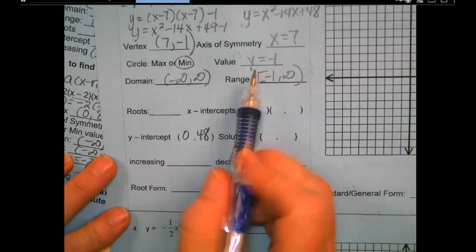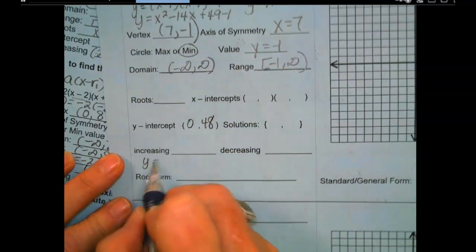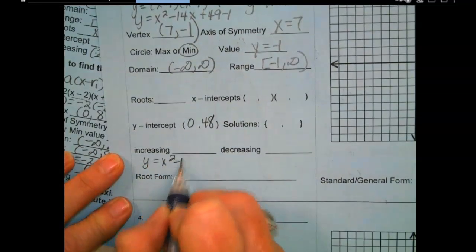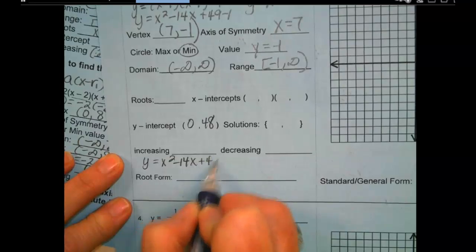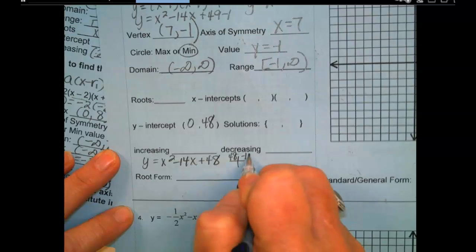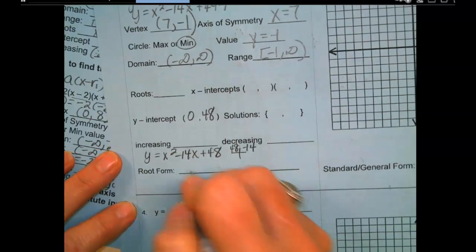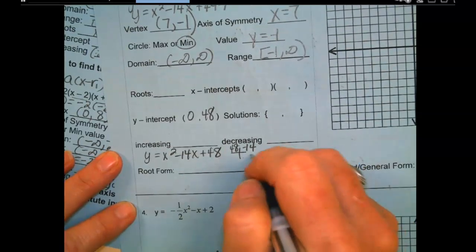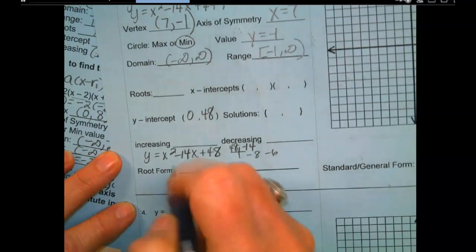So if I look at y equals x squared minus 14x plus 48, my a times c is 48 and minus 14, which is going to give me negative 8 and negative 6.